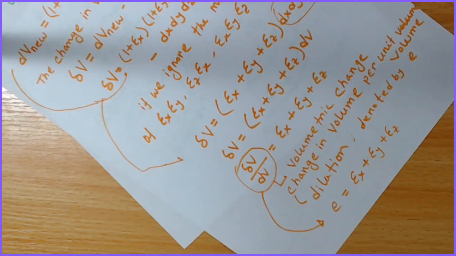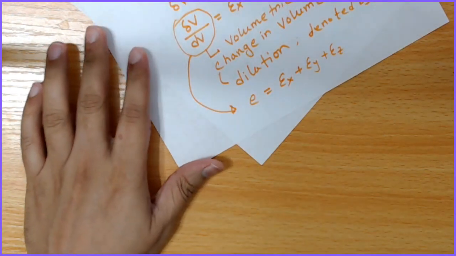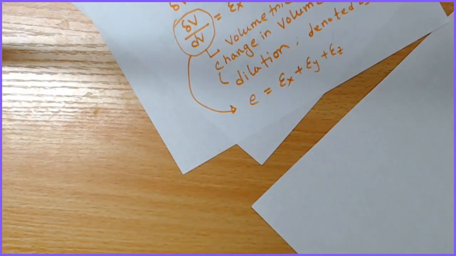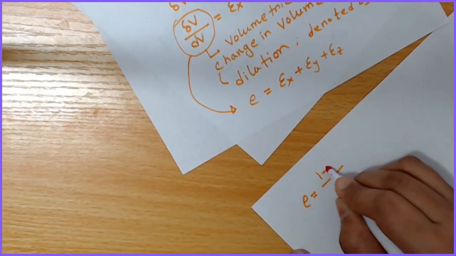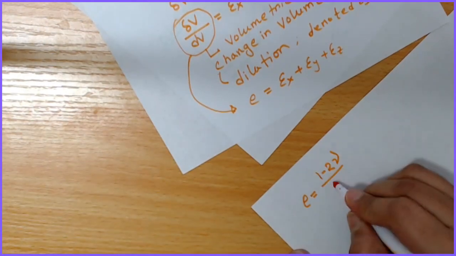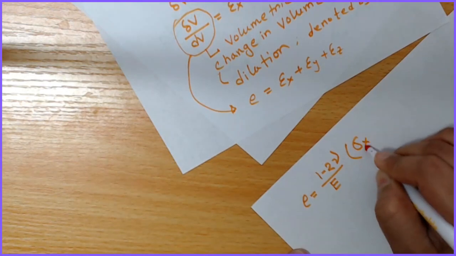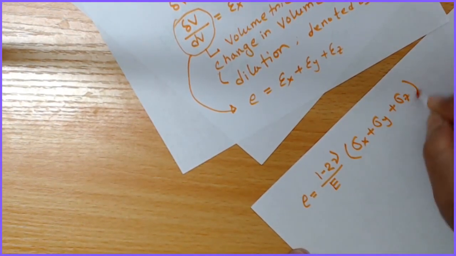Now there is another famous formula which correlates the dilation and the stress, and that is E equal to (1 minus 2 nu) over E times (sigma x plus sigma y plus sigma z).